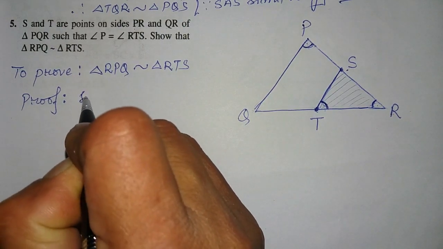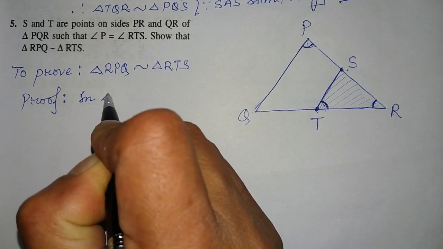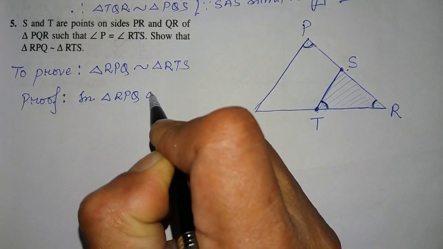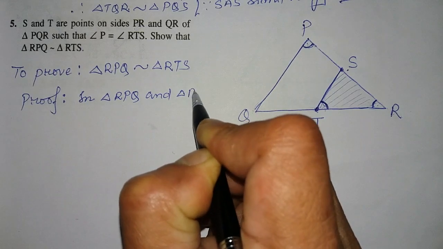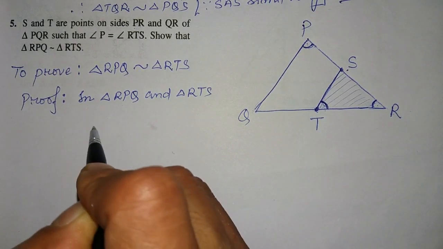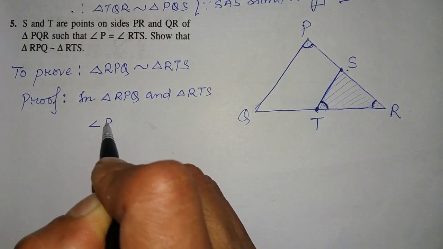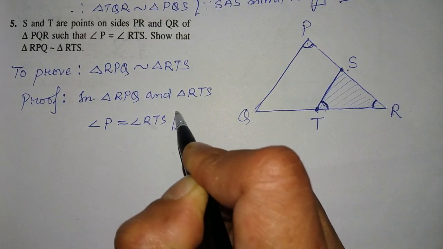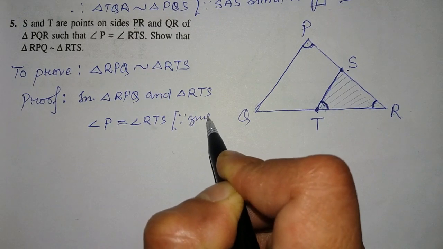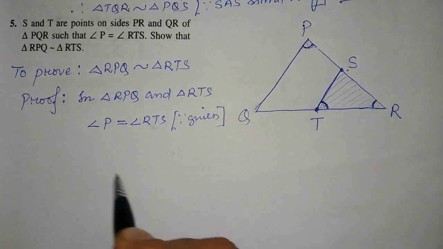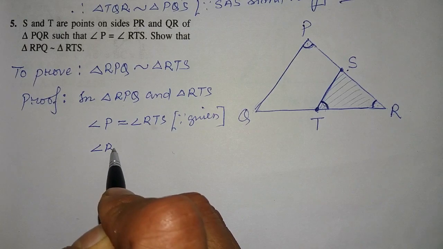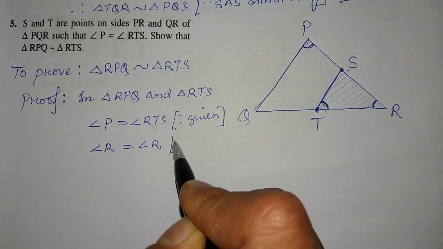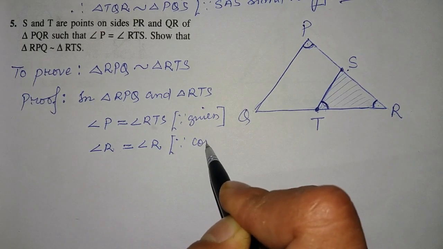So now in triangle RPQ and triangle RTS, angle P is equal to angle RTS. This is given, and angle R of the big triangle is equal to angle R of the small triangle, since it is a common angle.